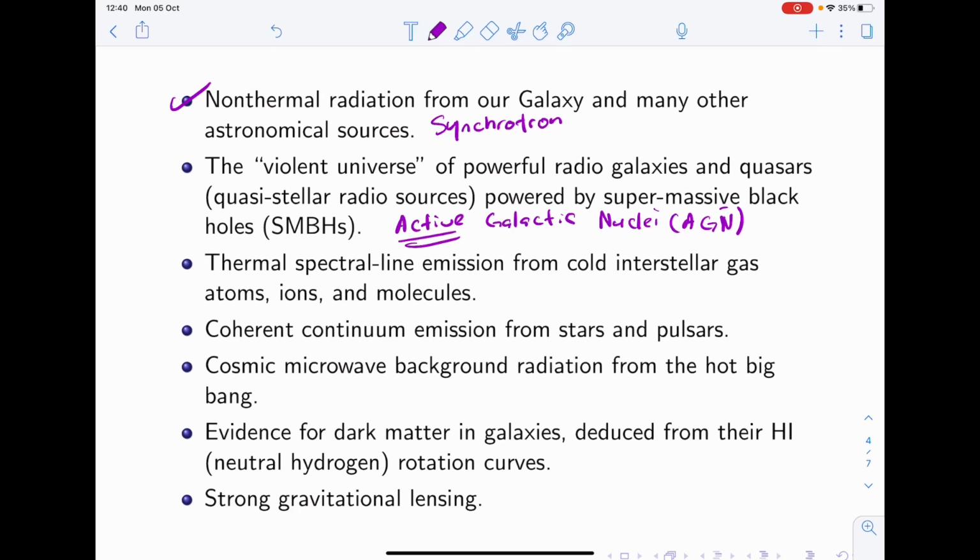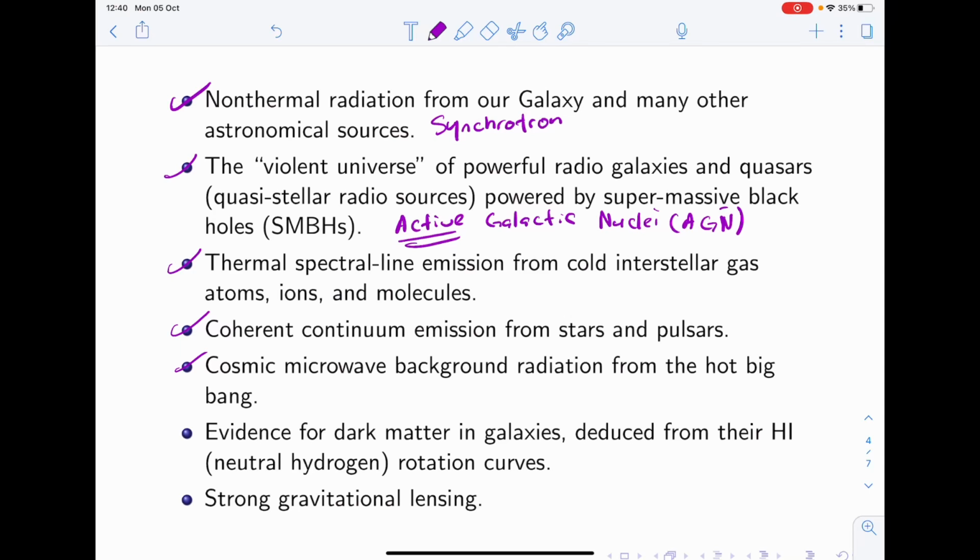You also have continuum emission from stars and pulsars, neutron stars as well. There was the detection of the cosmic microwave background, which was one of the major pieces of evidence to support the Big Bang theory.